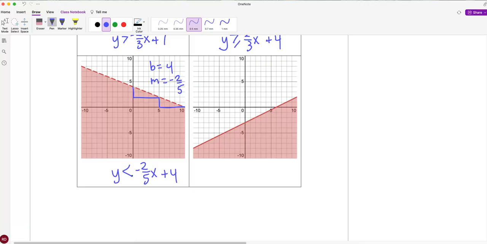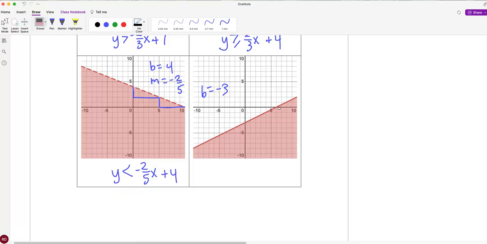The next one, it looks like b is equal to negative 3. And the slope, let's see. Oh wait, back up.